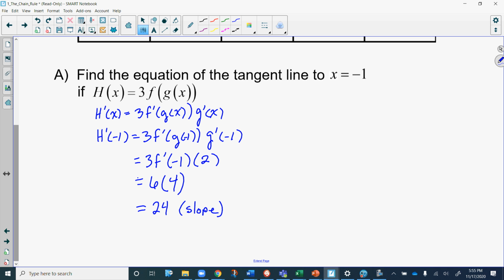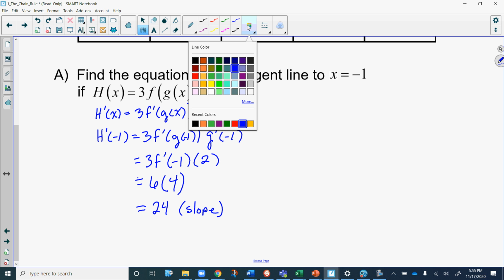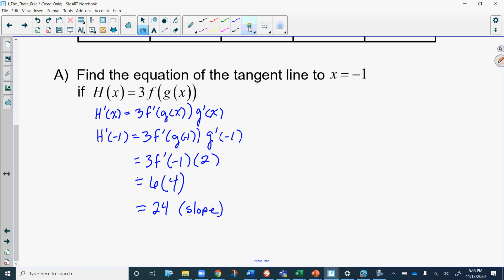given what we know. Now the one thing is they gave us the value of x for the function, but they're not giving us the y value, and we can't see it in the table either. So I'm going to have to figure out what is h of -1. So h of -1 will be equal to 3 times f of g of -1, and see what we end up with.